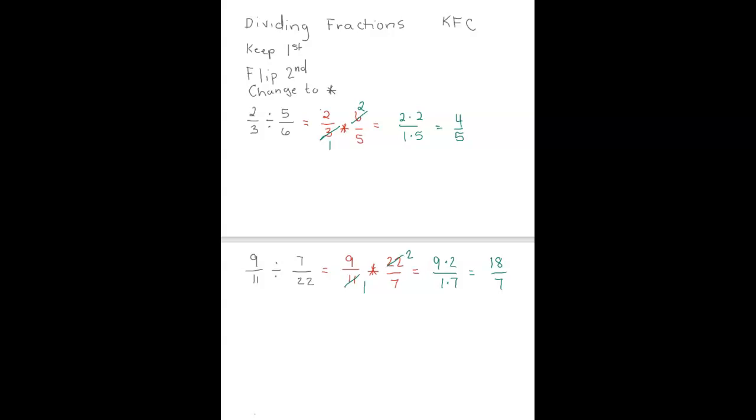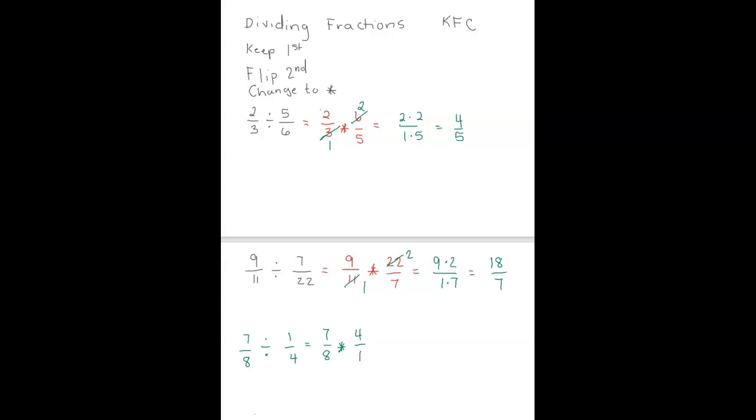So I'm going to have a 7/8, and I'm dividing that by 1/4. So I'm going to do my KFC. I'm going to keep my 7/8. That's my first one. I'm going to flip my 1/4 to become a 4/1. And then I'm changing this to multiplication. Again, I like to cancel out where I can first.